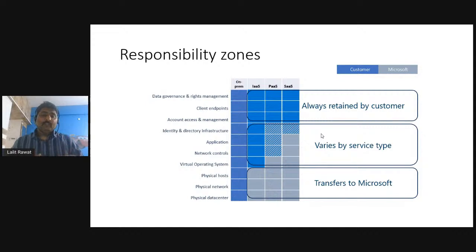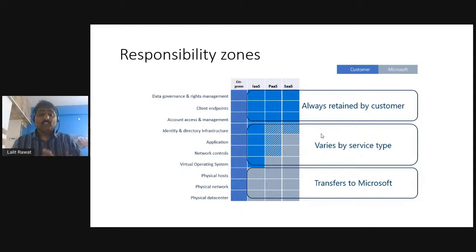If it comes to compute services or any IaaS-related services, what are the things we are going to manage, right? You're going to govern your data and rights management with the customers, and access management with the customers; applications and network controls should be given. And then what operating systems you want to put in.